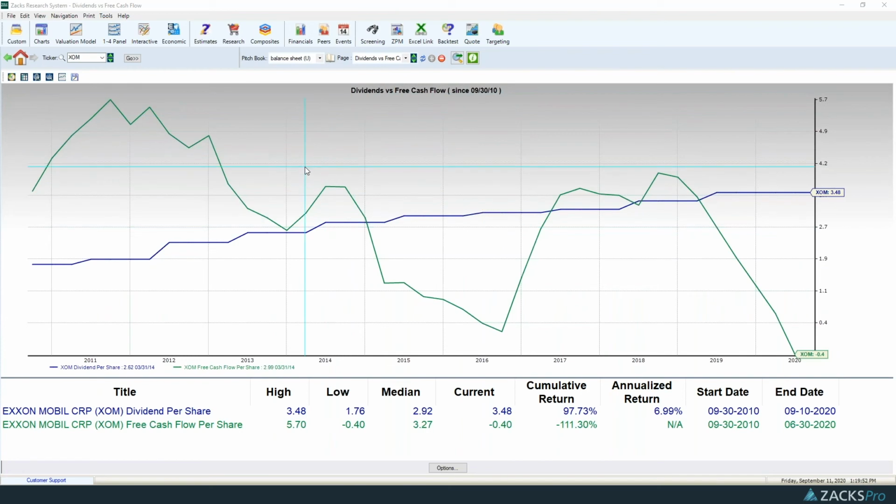For a company like Exxon, if you see this here, this is a custom chart that I built, but you can see the blue line represents the dividend payments of Exxon, which looks really good. It's a very consistent stair-step growth in their dividend. But look at their free cash flow.